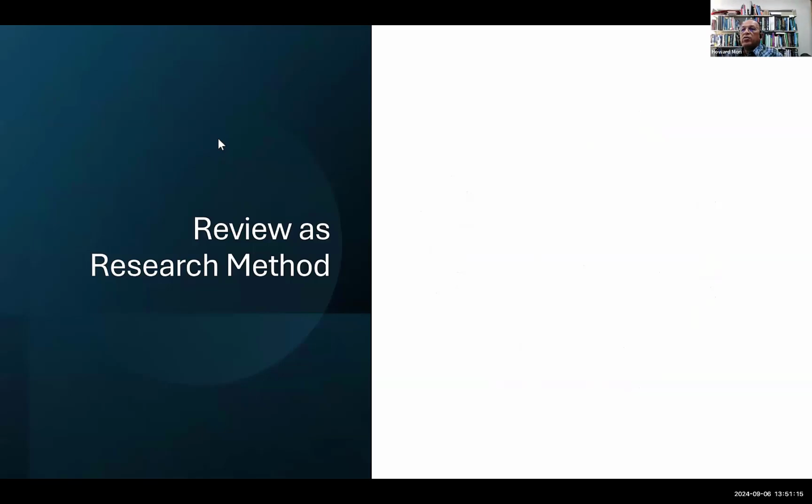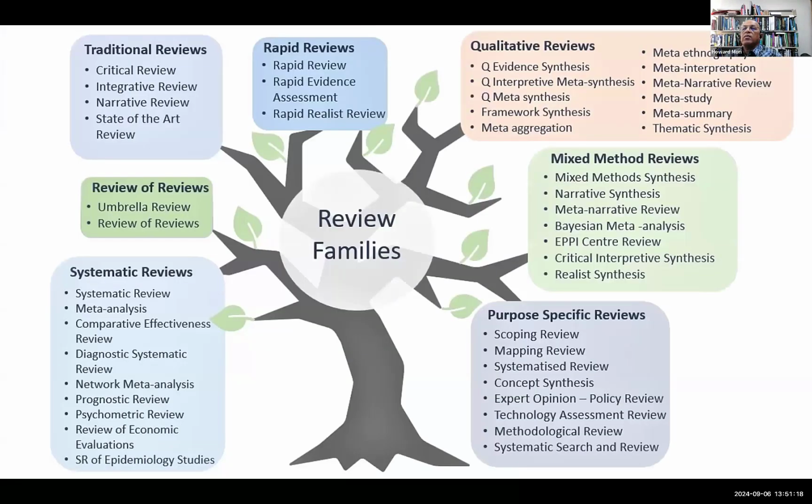When we're talking about literature review as research method, you may be familiar with it. This is one of the most typical charts that I've seen about the different types of literature reviews.